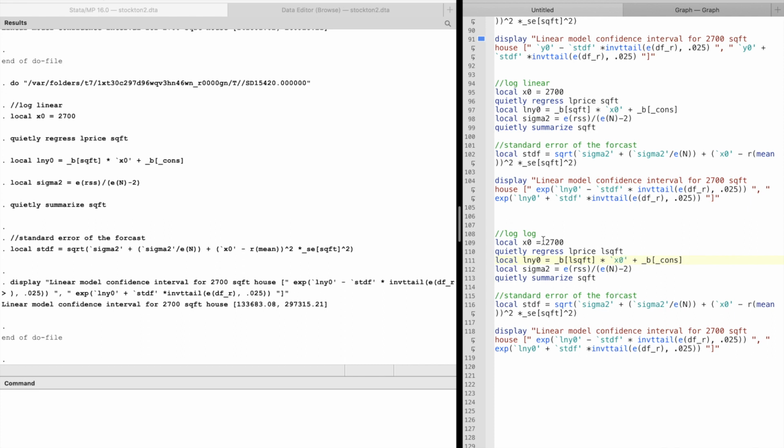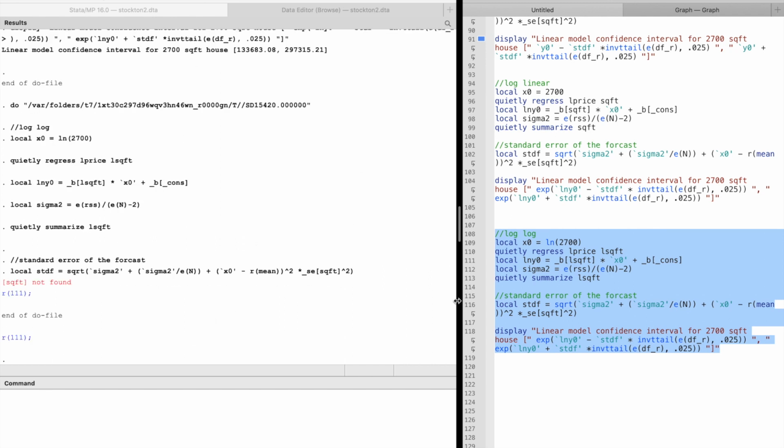If we change our x0 to log of 2,700, and that should be the same throughout. I'm going to summarize L square feet, and then this should all be the same.